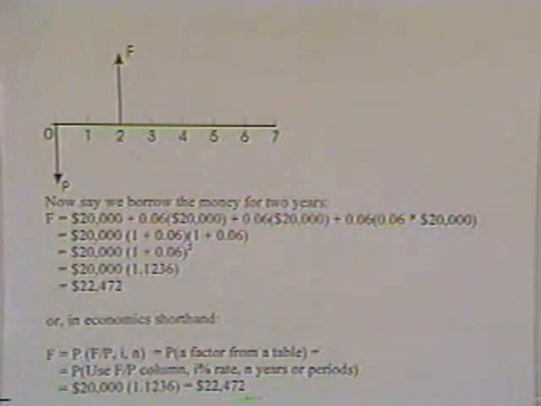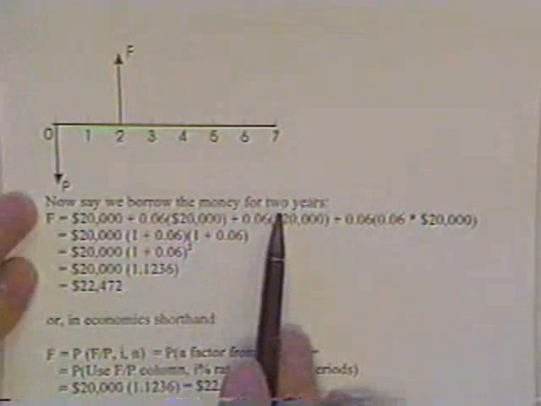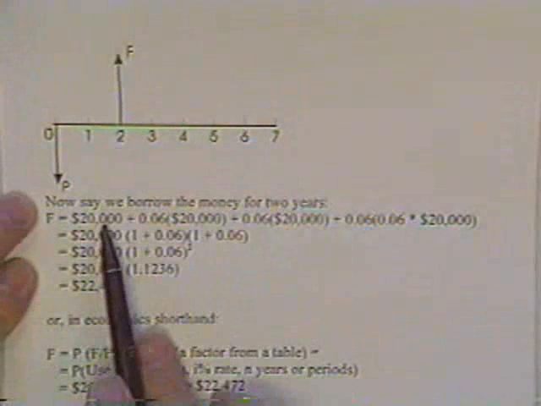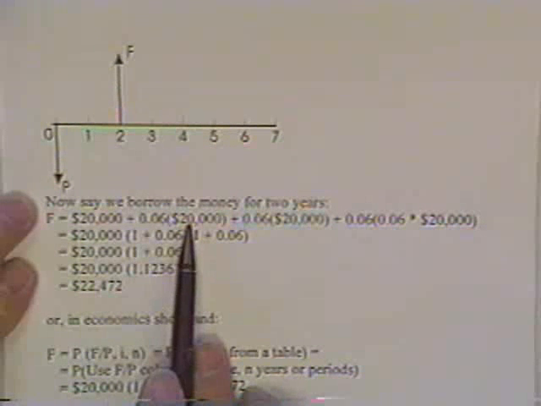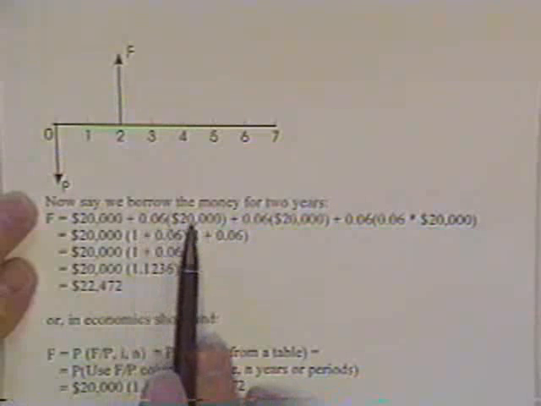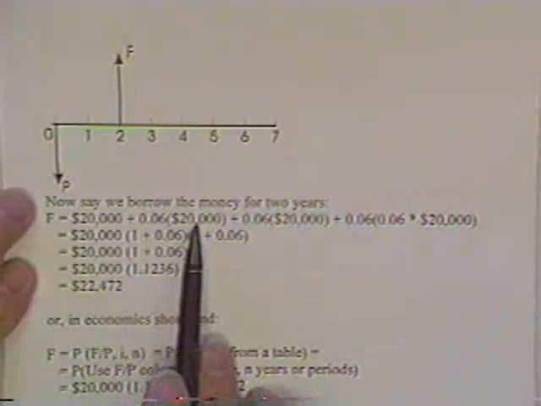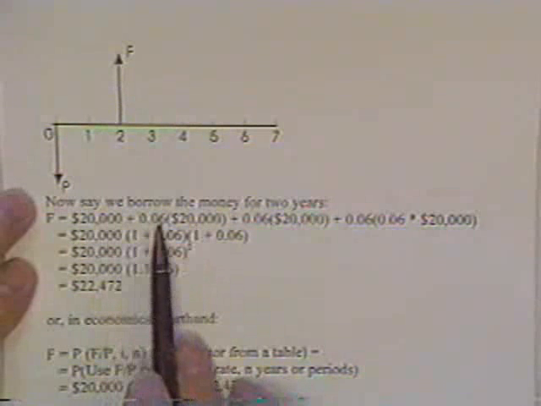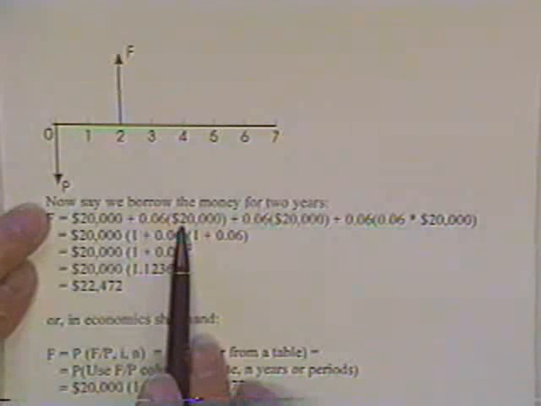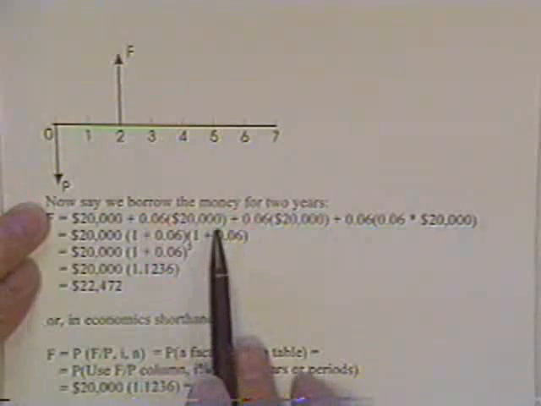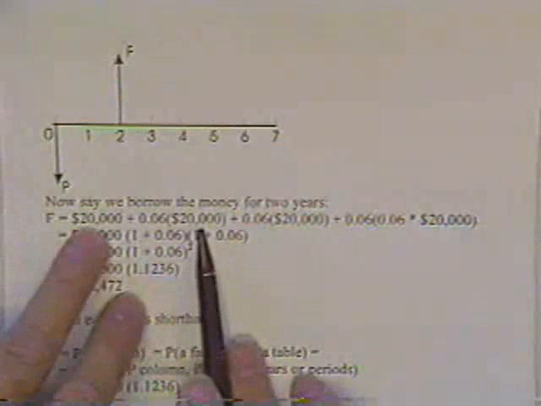Now then, let's say we borrow the money for 2 years. Well, then the guy wants his $20,000 back. He wants 6% of $20,000 at the end of the first year. That's called the compounding period, which is 1 year. At the end of 1 year, in effect, I really owe him $20,000 plus 0.06 times $20,000. If I would like to borrow it for another year, then I will owe him some more money on top of what I already owe him.